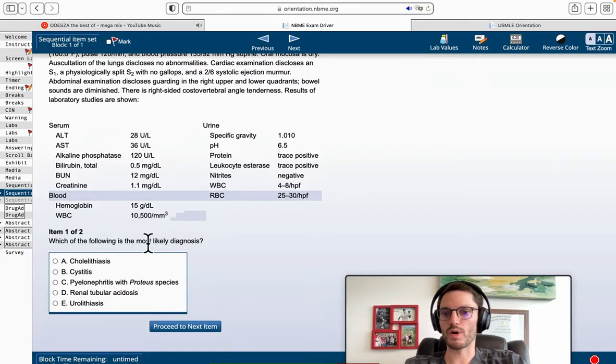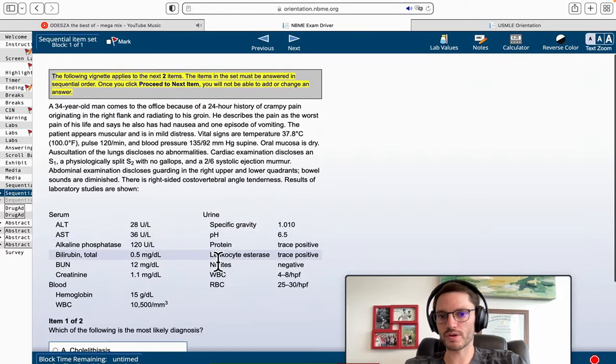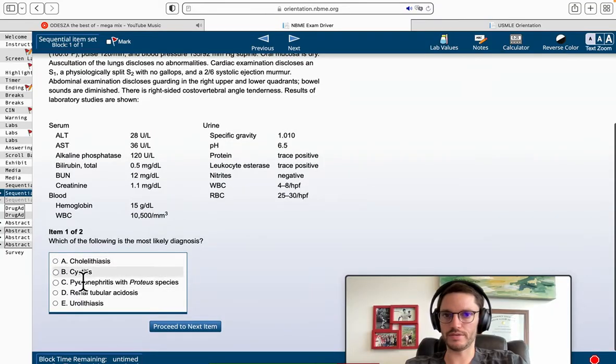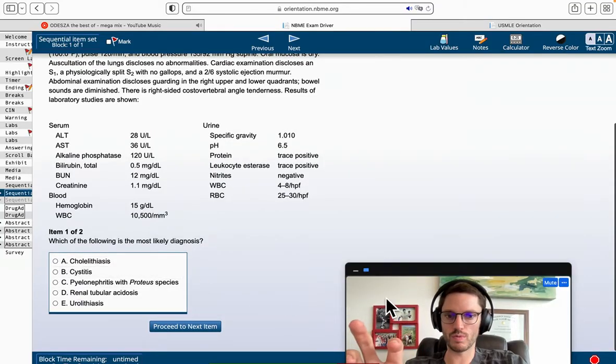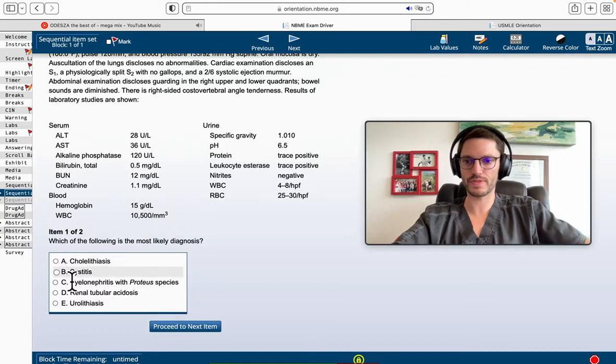But what happens here? Be sure that whatever you mark is the choice you really want, because if you're not sure about this answer, you won't be able to come back to it after you click on mark it and proceed to next item. Actually, if you leave this blank and you click on proceed to next item, you won't be able to change this.